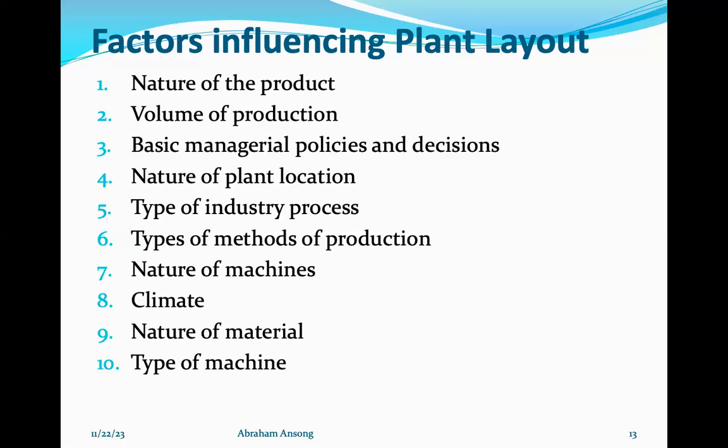So the point is that it depends on managerial policy. Management may have the policy that, given the industry we are in and the type of products we produce, we will only go with stationary layout, or we will go with line layout. So the type of layout could also depend on managerial policies and decisions.